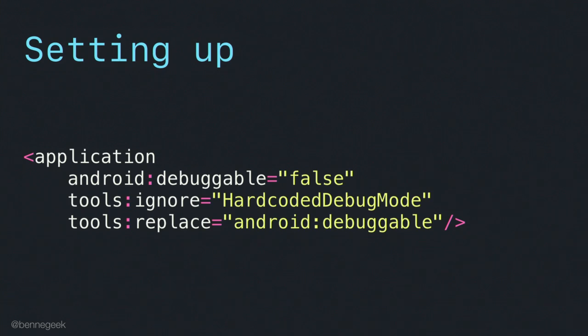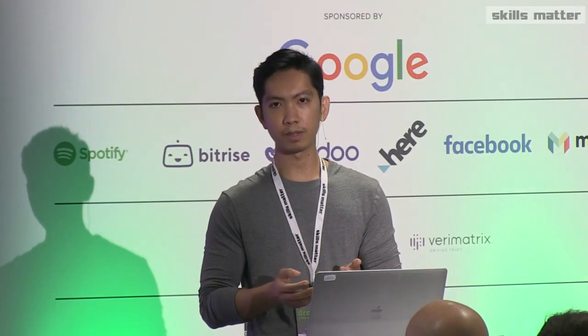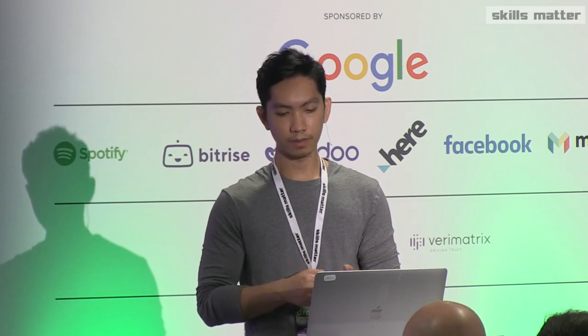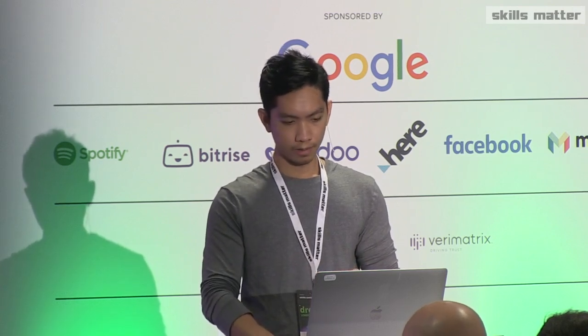And if you have somewhere a value that sets this to true, you have to override it. So this is the tools replace attribute in this XML in your Android manifest file will override that value to false. And then also it wants you to ignore the hard-coded debug mode, which is when you run on Android Studio, there's a debug button, and you click it, it will hard-code the debug mode. This will also prevent it from using that value. So let's measure.